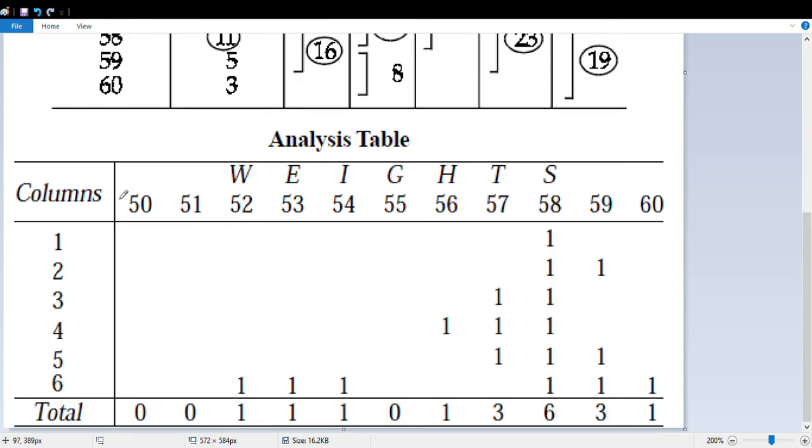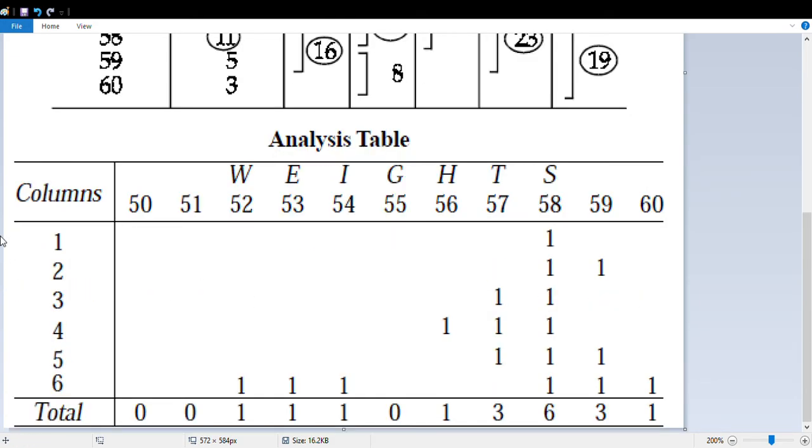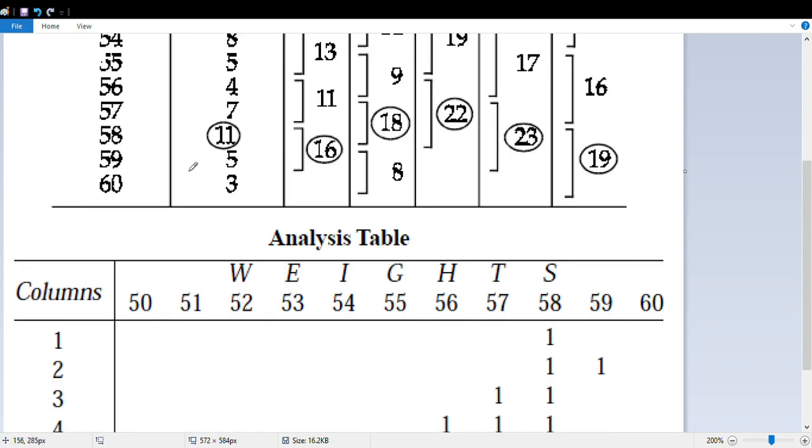You bring all 6 columns to the left-hand side and bring all the variables to the top horizontally. In column 1 we circled 11 as the highest frequency. Corresponding to this, 58 is the variable, so under 58 put one bar vertically.